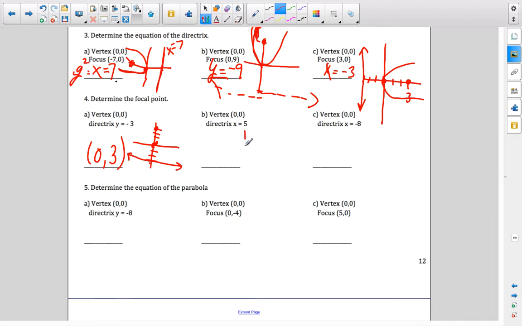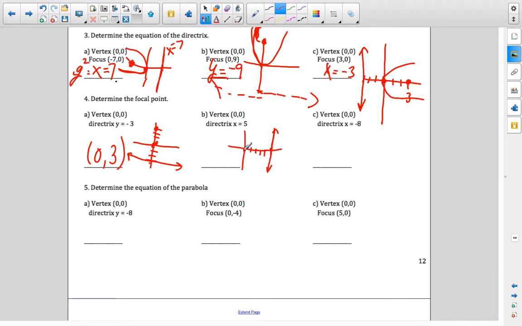Okay, in B, we have a vertex at 0, 0, and the directrix is x equals 5. Okay, so we've got a line, and where does x equal 5? Okay, somewhere out here, that's where x is 5. So here's our directrix.